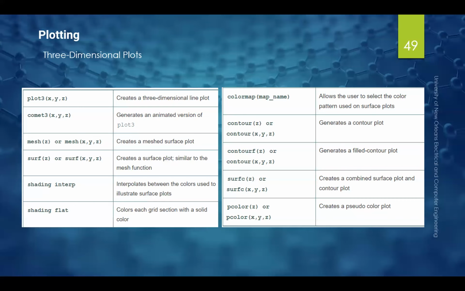It's showing you slowly how the function is being built. The mesh function creates a mesh surface plot. We have surf, which creates a surface plot, and some other things that we can do with it, and we'll see in the next couple of slides here.